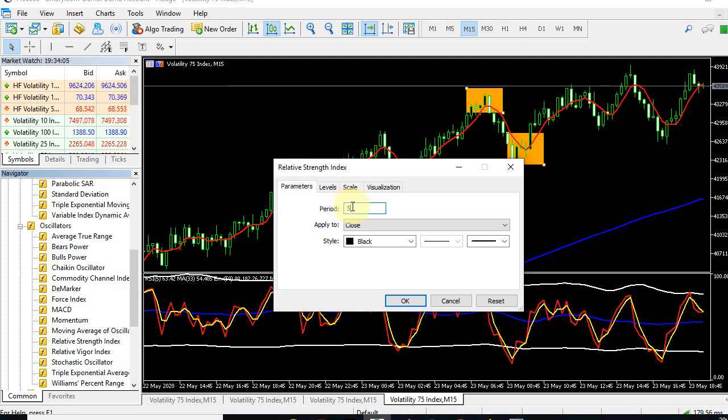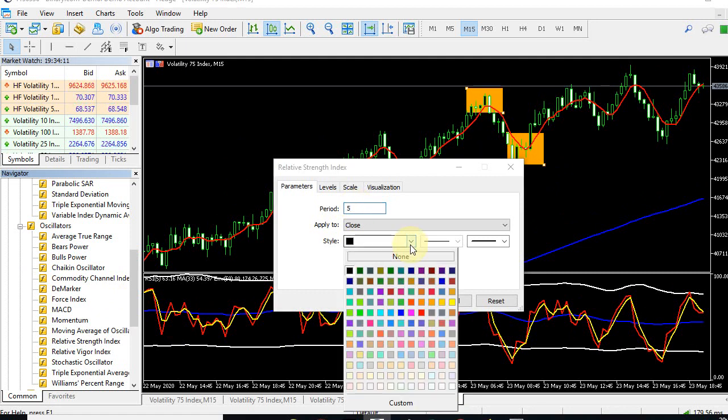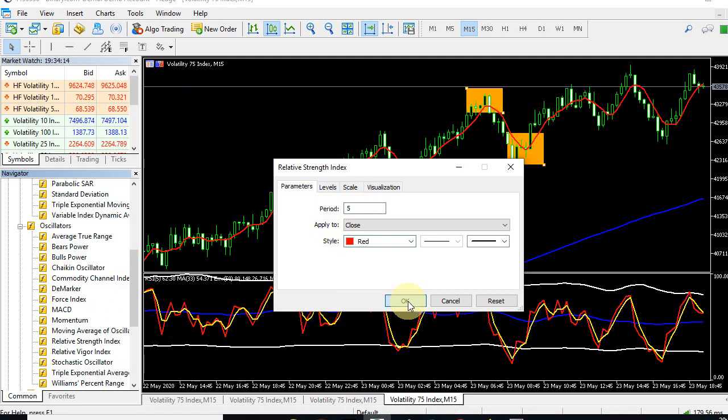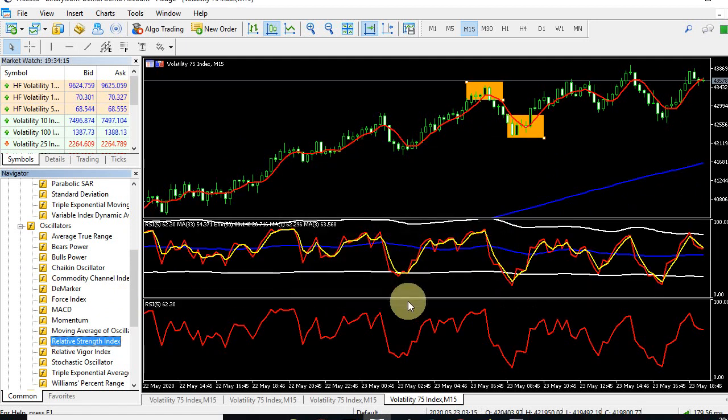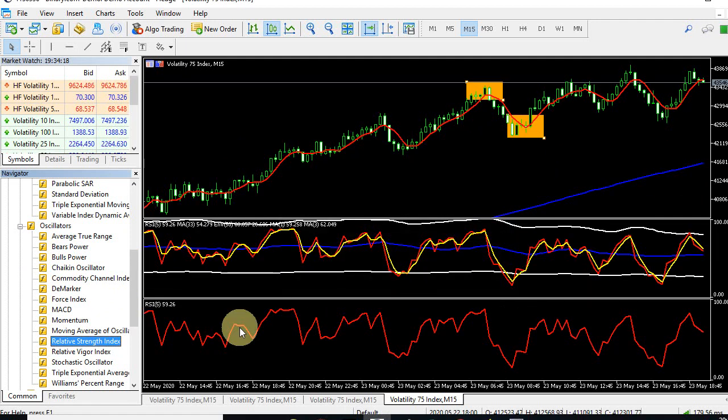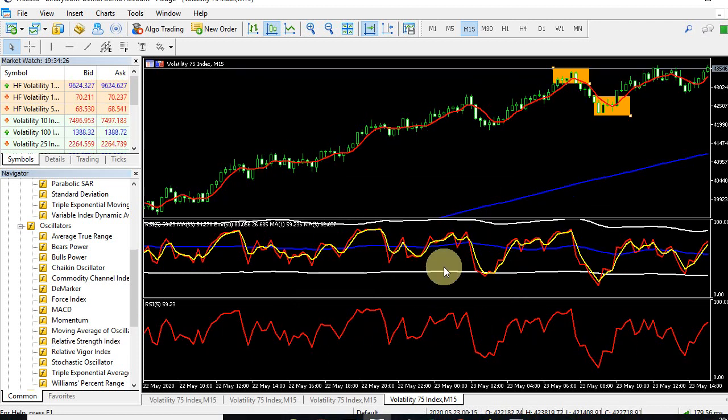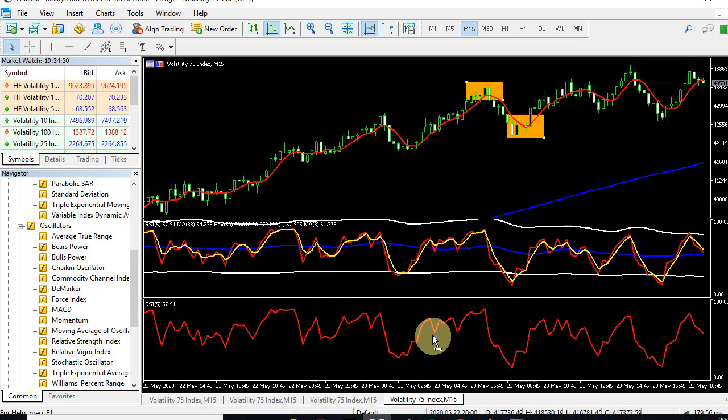We are going to leave the period as 5, but this time around we'll change the style to color red and click OK. You can see indicator window 2 automatically displayed itself here.